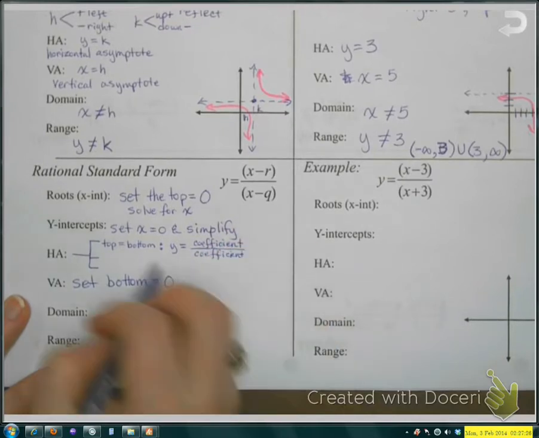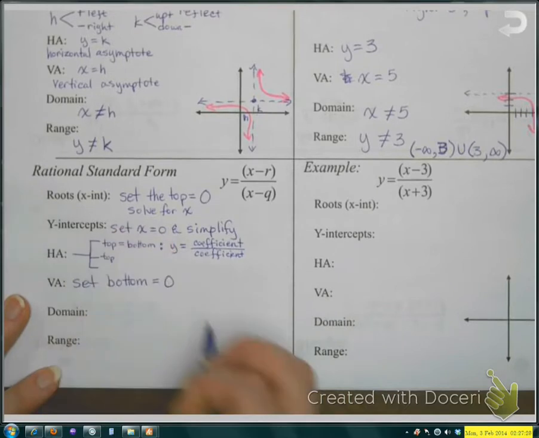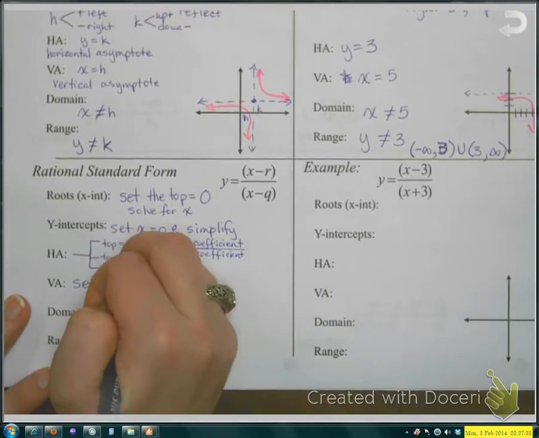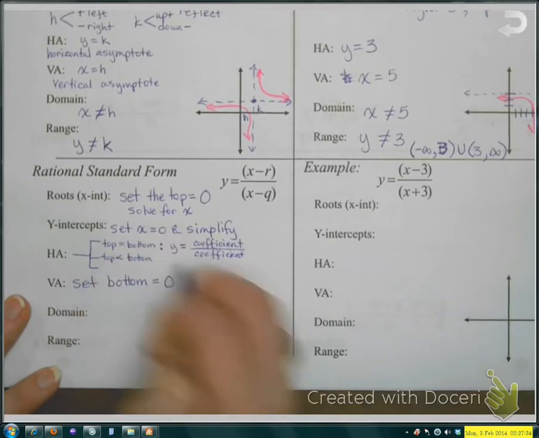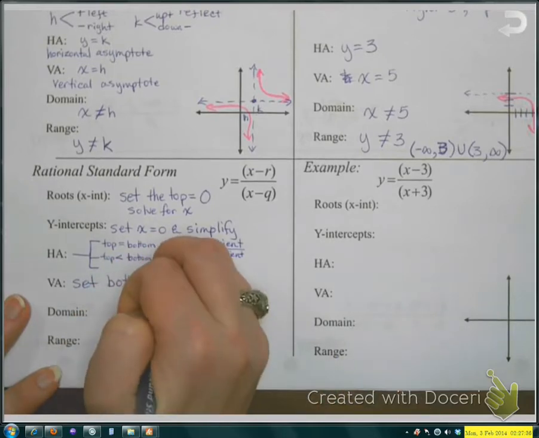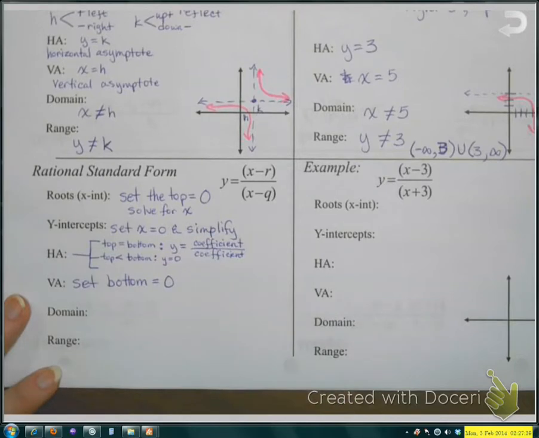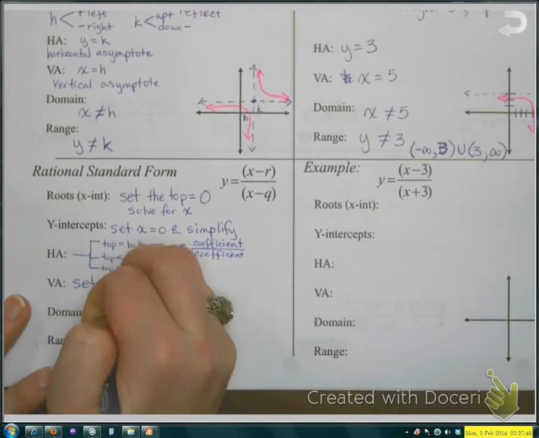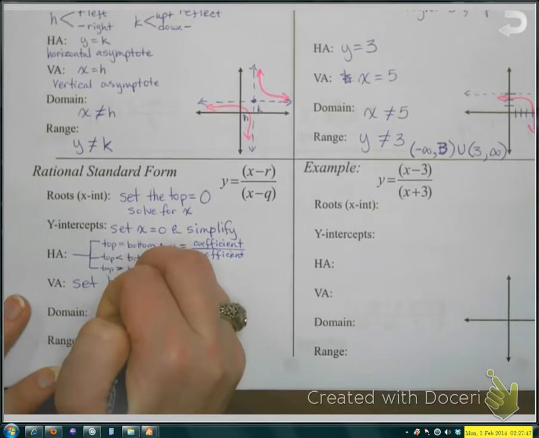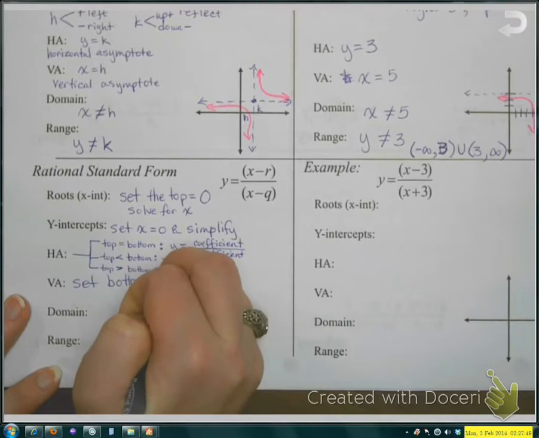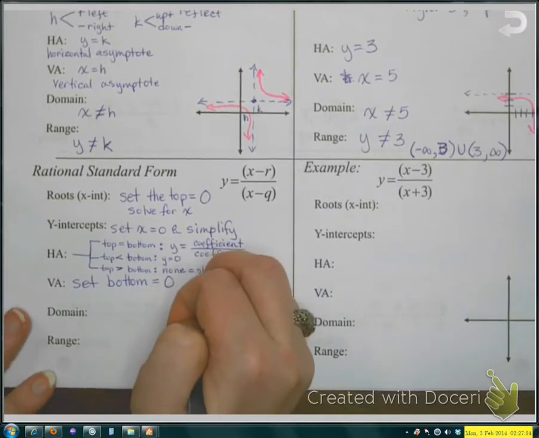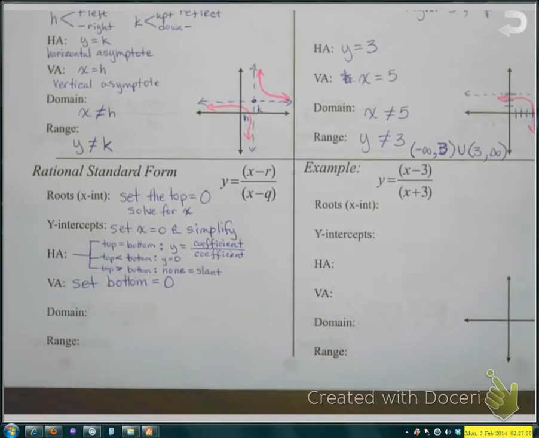If the top is less than the bottom, so it means the bigger exponent is in the denominator, then my asymptote is going to be at y equals 0. If the exponent on top is larger than the exponent on the bottom, then we have no horizontal asymptote. We're actually going to have a slant asymptote, which they will go into in pre-calculus.